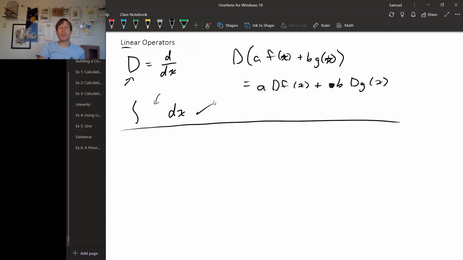And one way of coming up with more linear operators that turned out to be pretty convenient is, right, if you start with a function of your independent variable, and we're going to start using t for our independent variable. One way you can come up with a way to transform this into a different function is to integrate this. You kind of have to pick what your bounds are going to be.